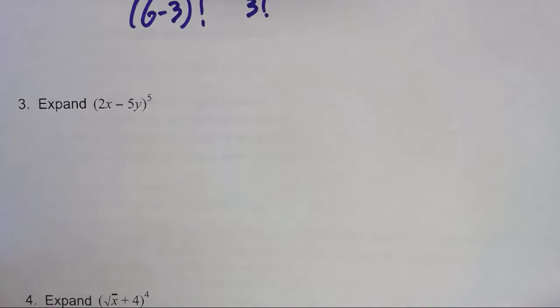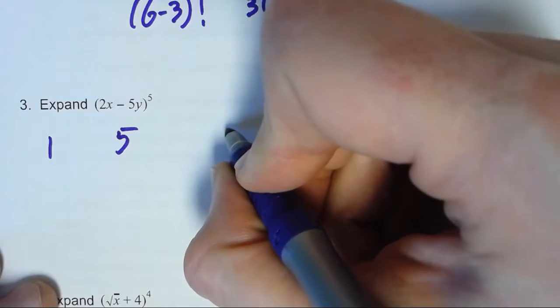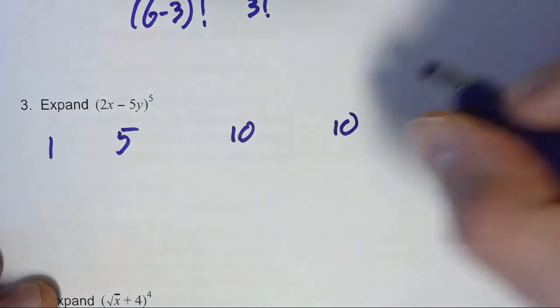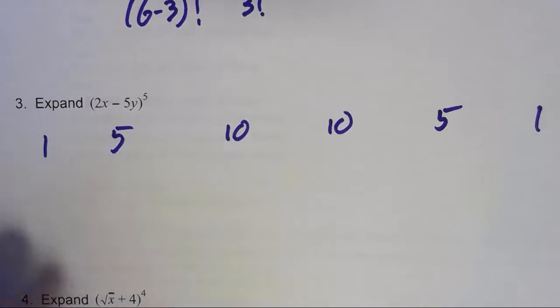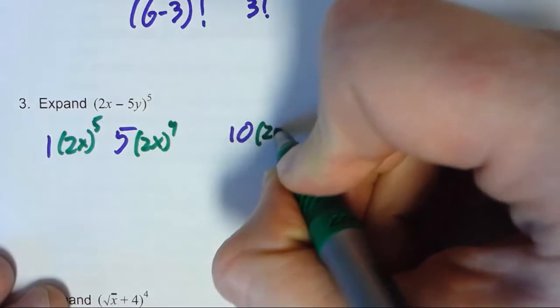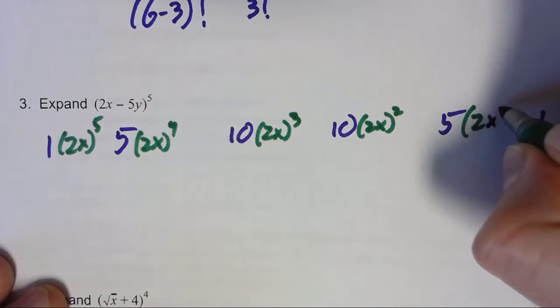So for number 3, we have to expand this binomial. First off, it's being raised to the 5th power, so the numbers out in front are going to be 1, 5, 10, 10, 5, and 1. And so we start with 2x to the 5th power, and then 2x to the 4th, 2x to the 3rd, 2x squared, and 2x.